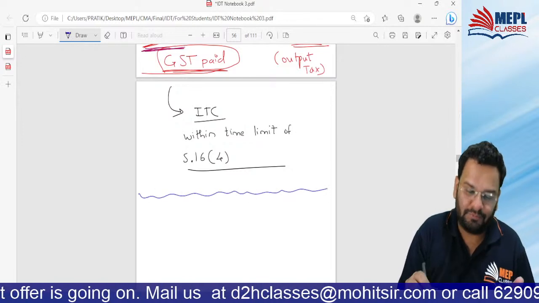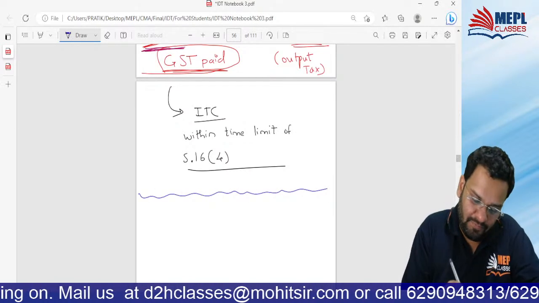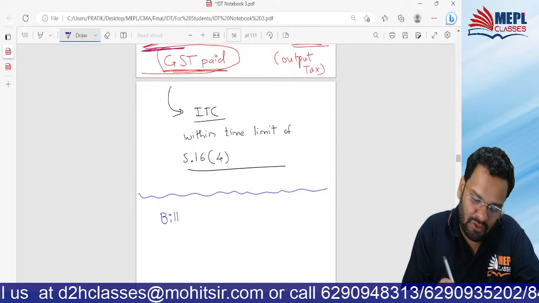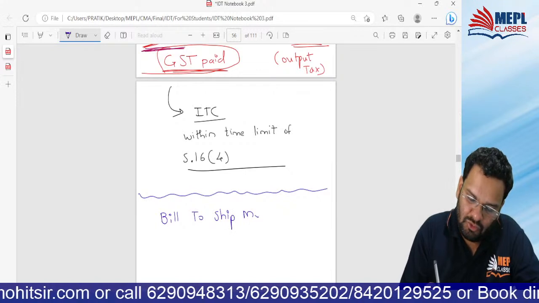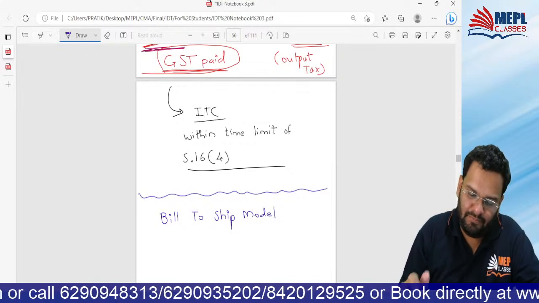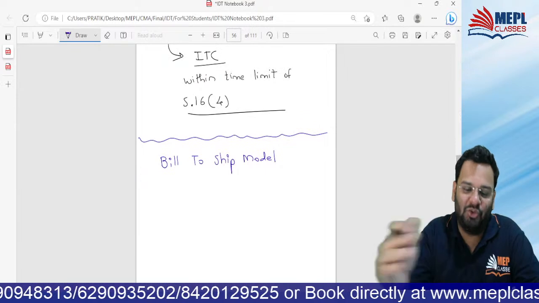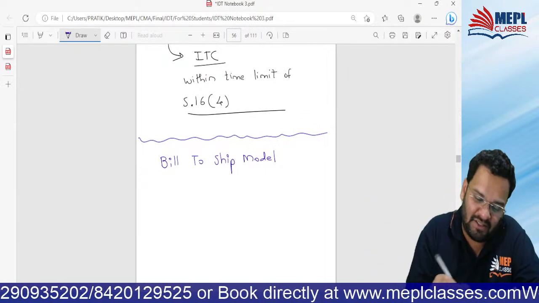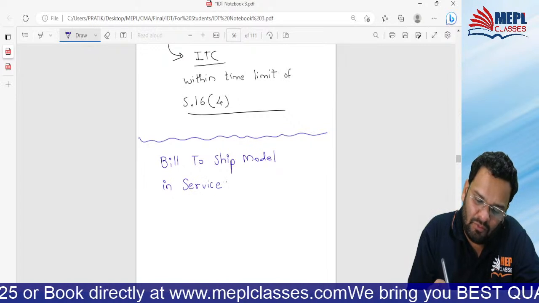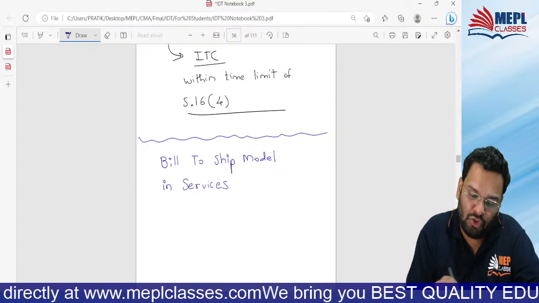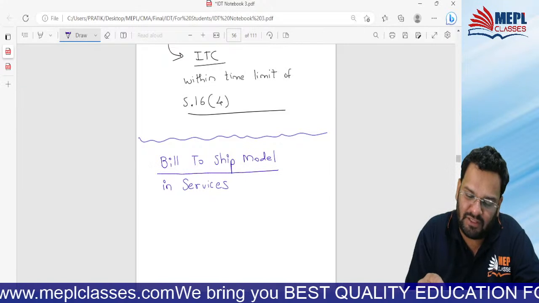Sir, how? How can bill to ship happen for services? So obviously there is no shipping as such in case of services, but still colloquially we can call it bill to ship in case of services.